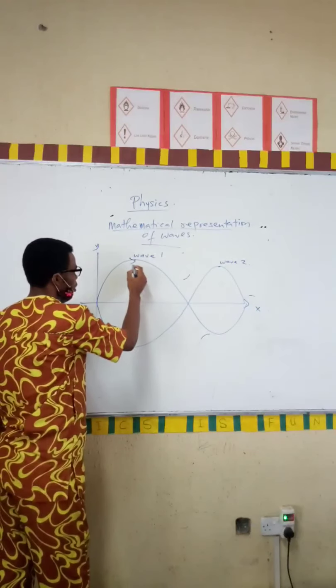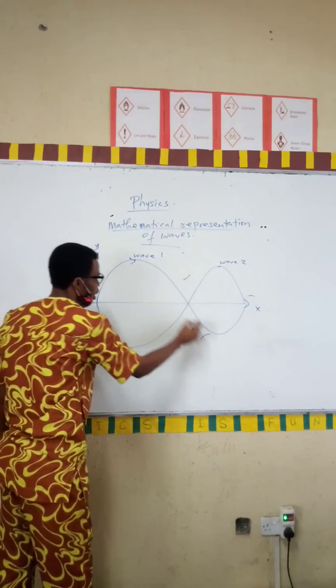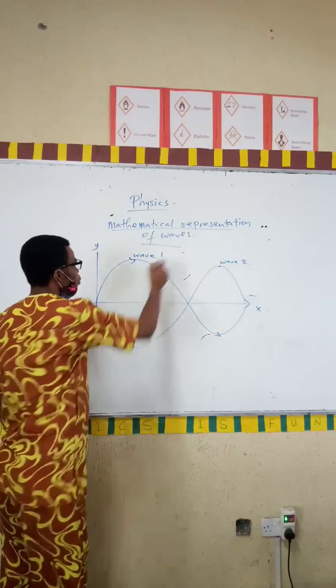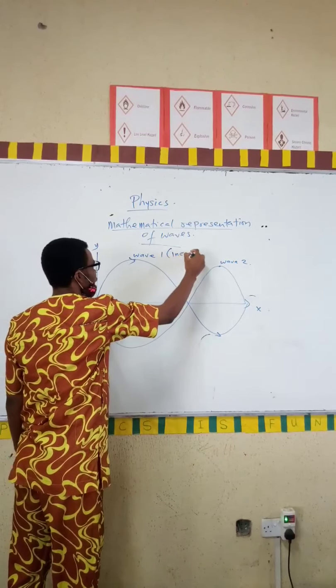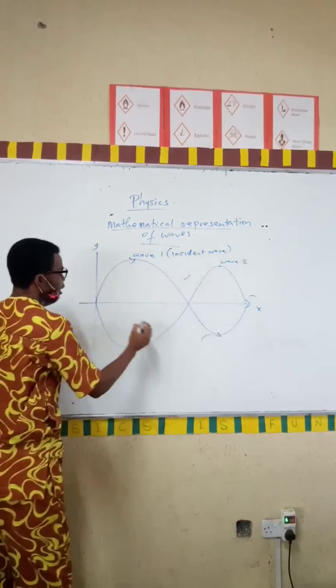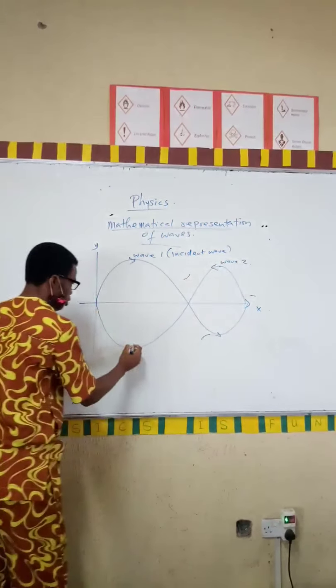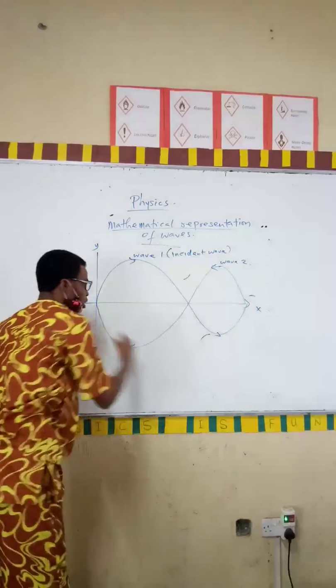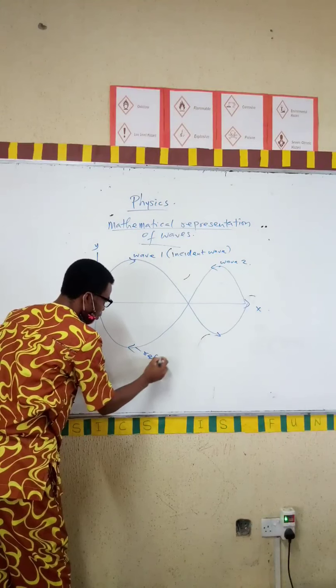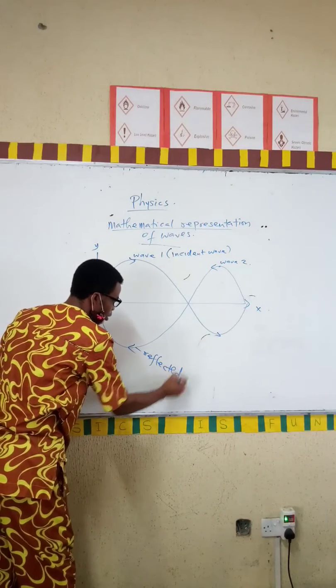As you can see, this is moving this way. We call it the incident wave. So wave 1 is the incident wave. And wave 2, you can see the direction moving backward, is the reflected wave.